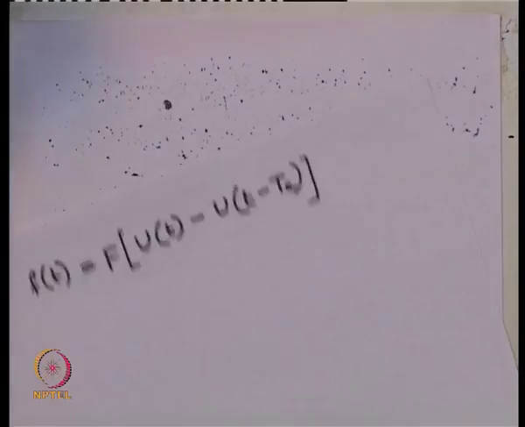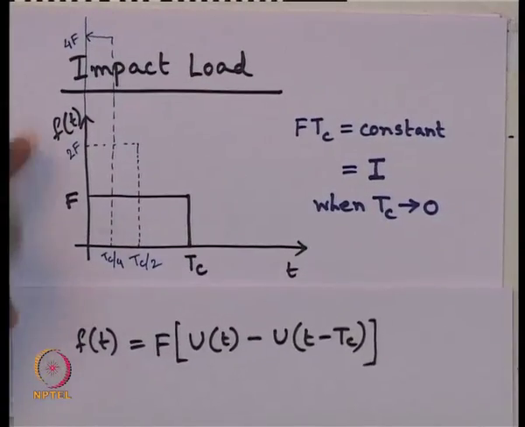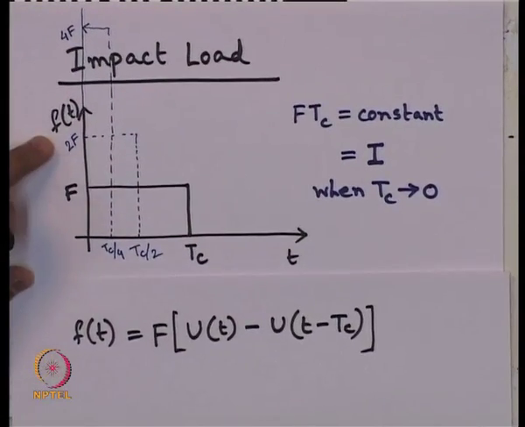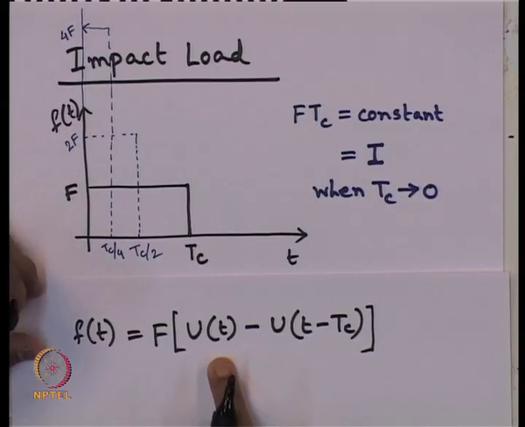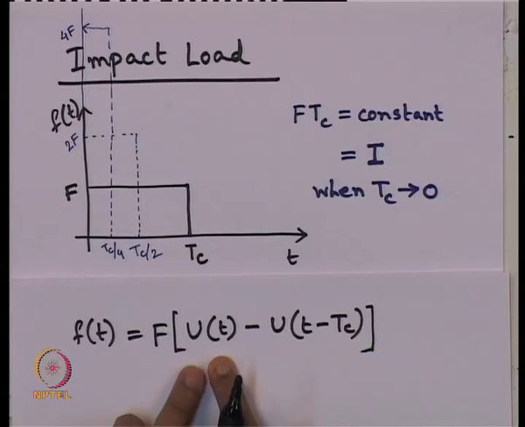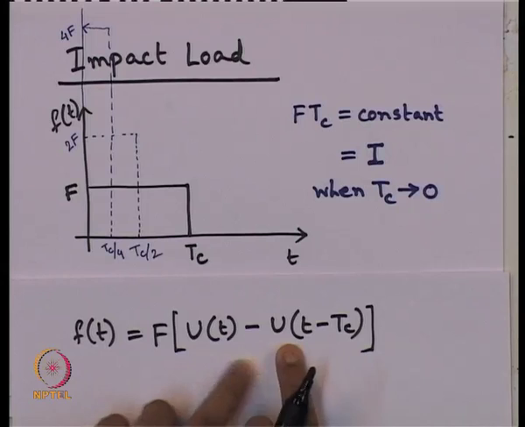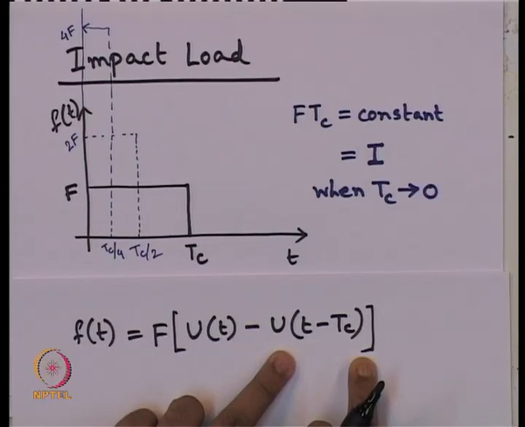Is this clear to all of us? The function f of t I am explaining in terms of Heaviside step function. For unit load it is u of t minus u of t minus T c.